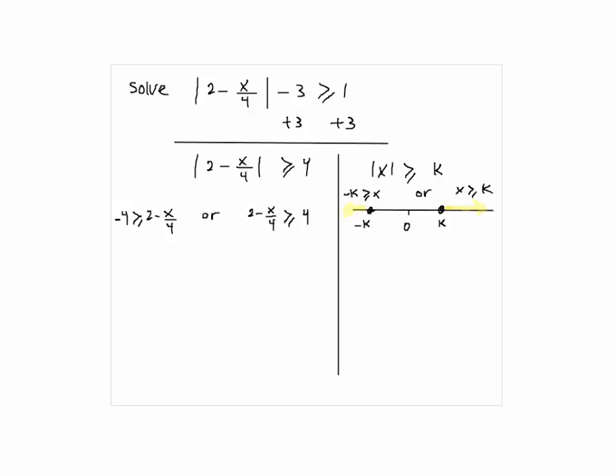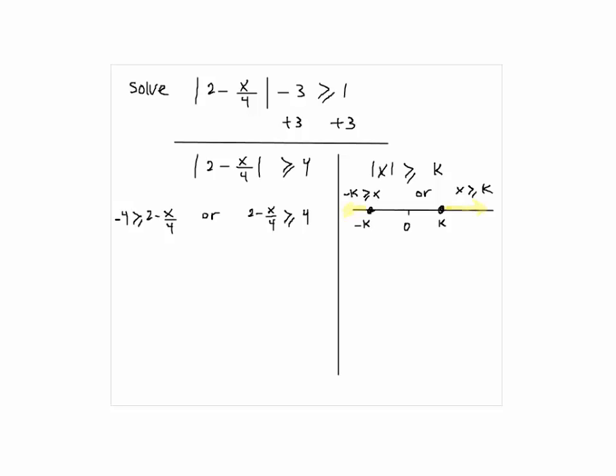Alright, so now we need to solve for x. Can somebody tell me how do you solve for x here for this condition? What's the next step? Multiply both sides by the denominator to get rid of it. You could do that.